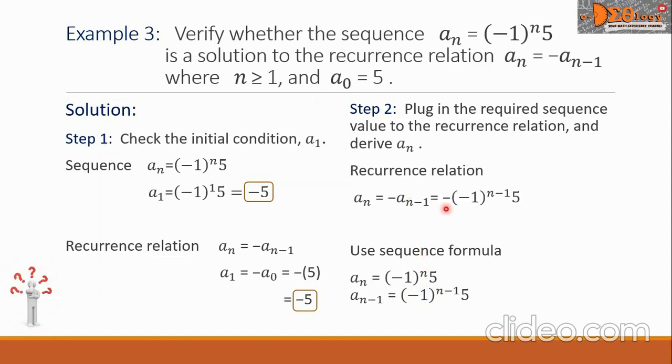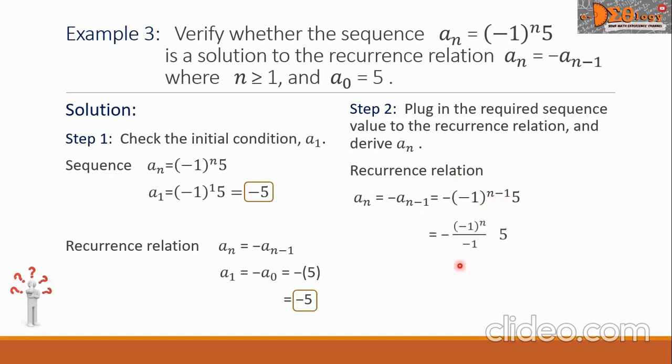So we have now this negative of the negative 1 raised to n minus 1 times 5. Let us simplify this equation. Take note that this negative 1 raised to n minus 1 can be written as negative 1 raised to n all over negative 1. The negative sign here is copied below, and the constant 5 is also copied.